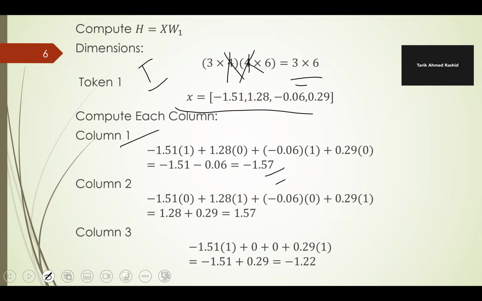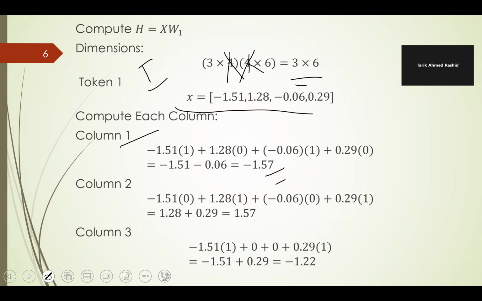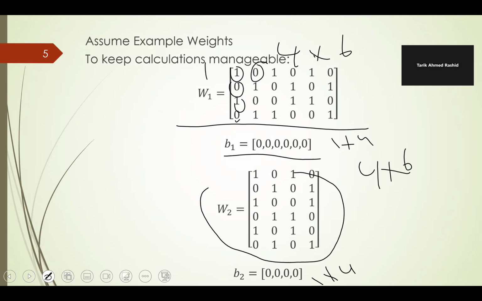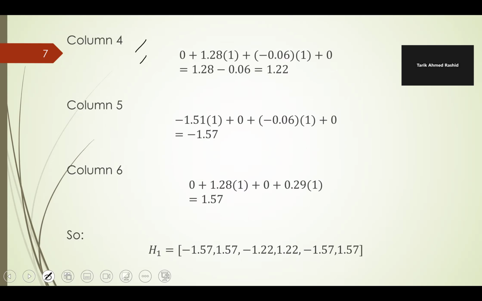So minus 1.51 multiplied by 0 plus 1.28 multiplied by 1, and so on and so forth. Let's do it. So that's for the second one. It is done. Likewise, for the third column, we do it, and for the fourth column, we do it.